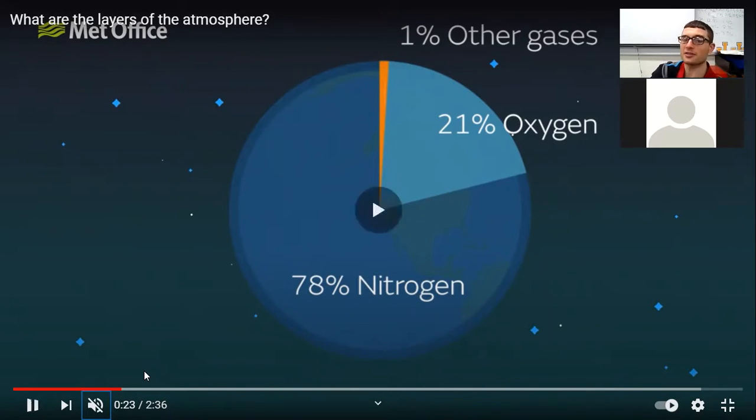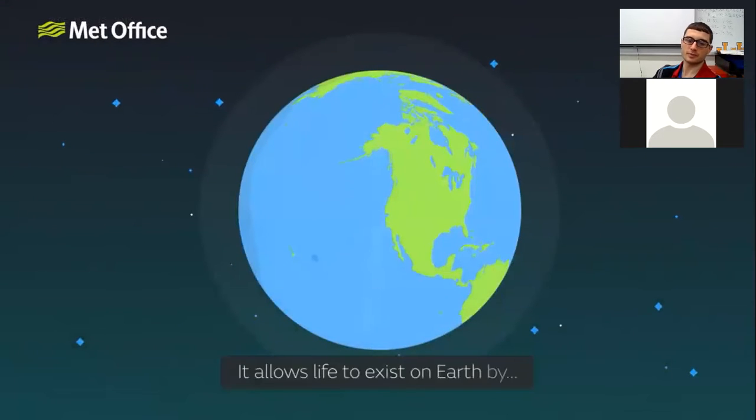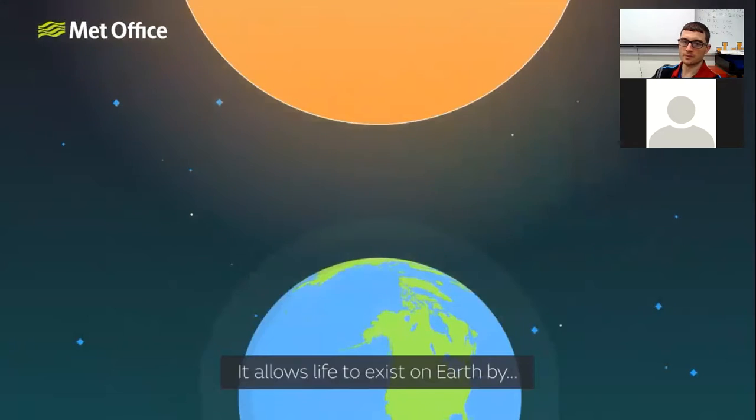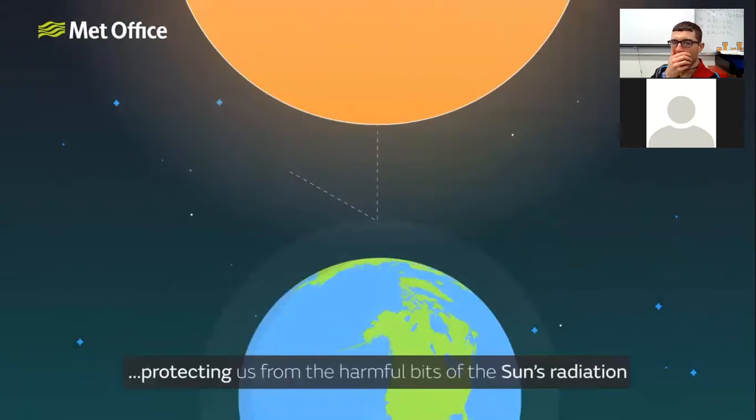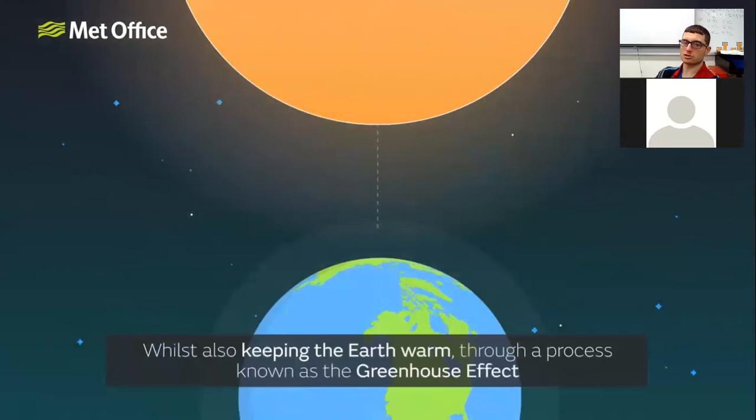Let's move on and find out the layers of the atmosphere that we need to know. So again, it protects us from the sun's radiation, and also traps some of the heat from the sun.